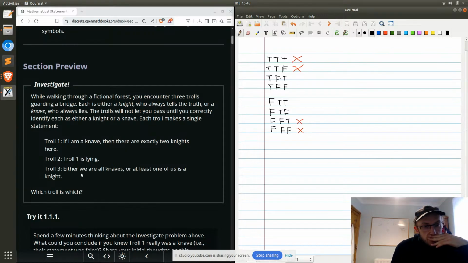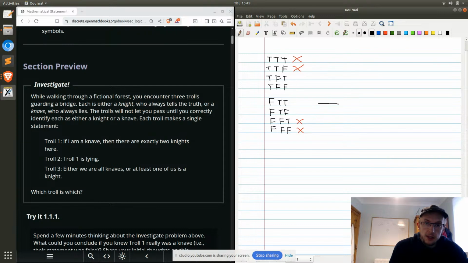So troll 3 is saying, okay, so let's consider the possibility that troll 1 is a liar and troll 2 is speaking truthfully about that.